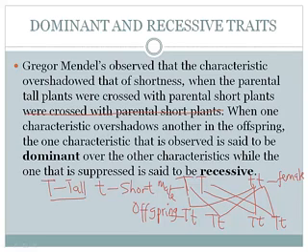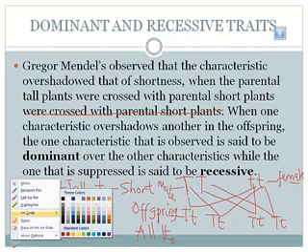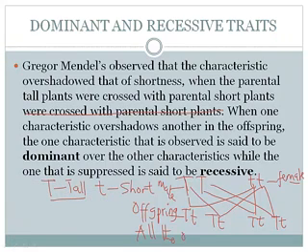Because though the female is short, the male trait overshadowed that of the female, making the offspring tall. Now, all the offspring are tall.